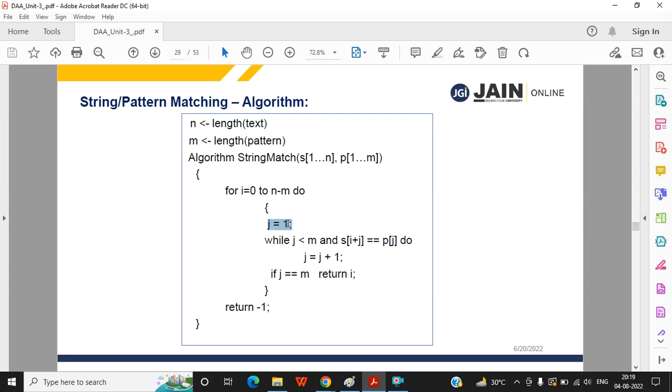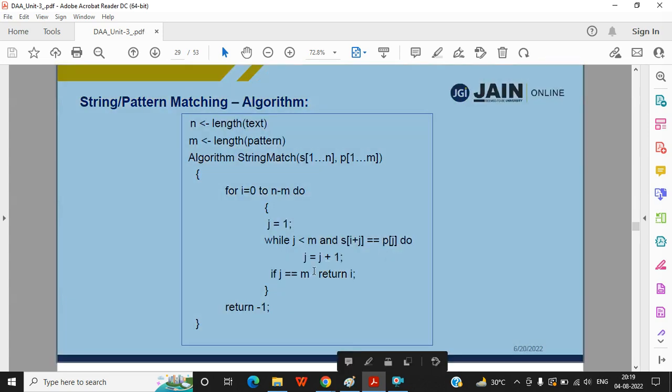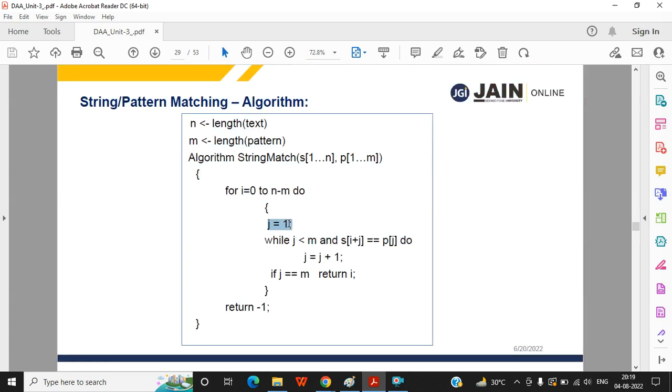Except the loops, you have four statements: j is equal to 1, j is equal to j plus 1, if, and this one. Among these four statements, which is supposed to execute the maximum number of times?